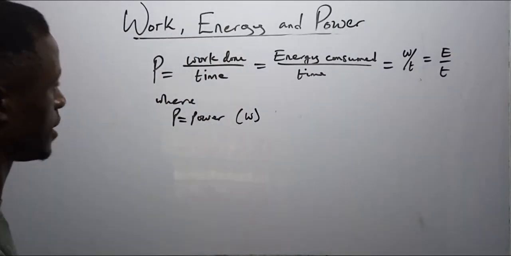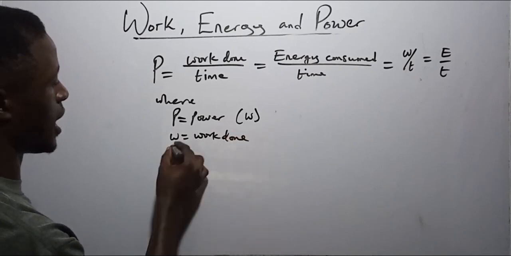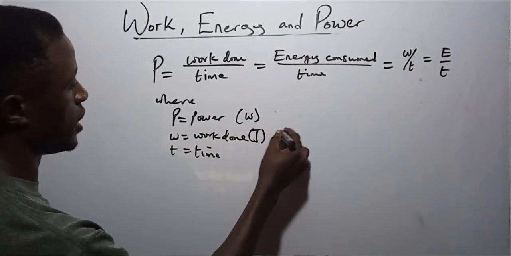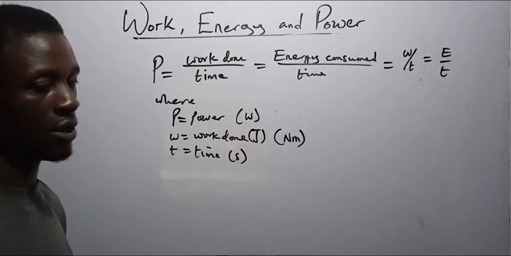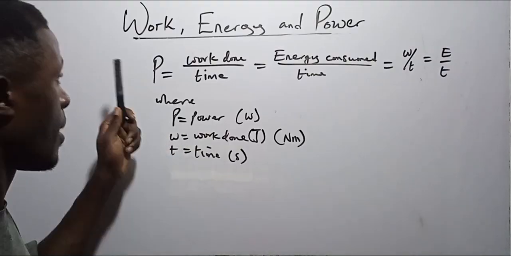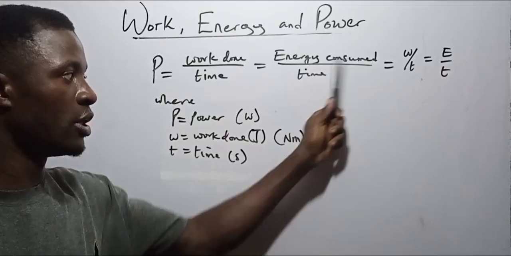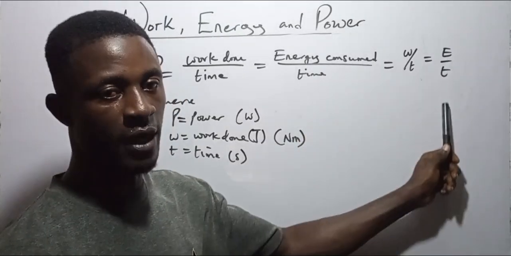Where W is equal to work done, which you already know, and T is equal to time. Work done is in joule, it can also be in newton meter, while your time is in seconds. So power is equal to work done over time, or energy consumed over time. For short, you can write it as W over T or E over T.